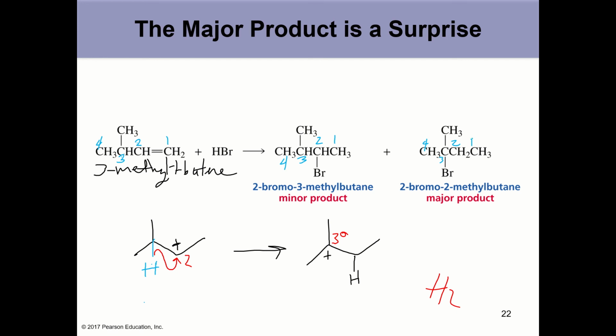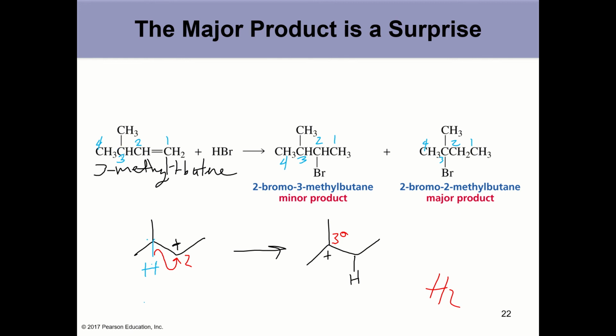Note that the new bond from C2 to the nucleophile bromide ion, which we might expect to be the major product, is actually a minor product. And the major product results in a bond from carbon 3 to the nucleophile. How is that possible? Carbon 3 already had 4 bonds.